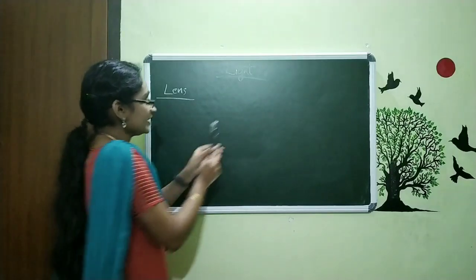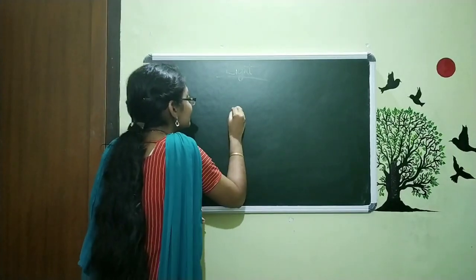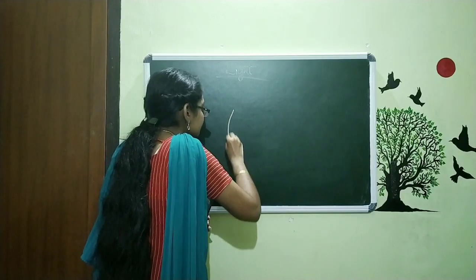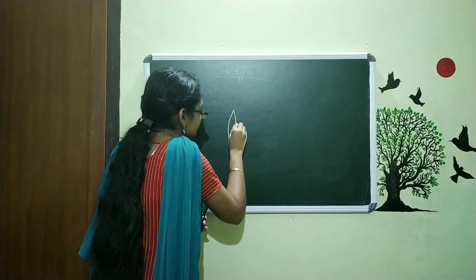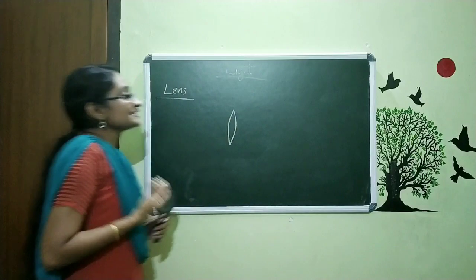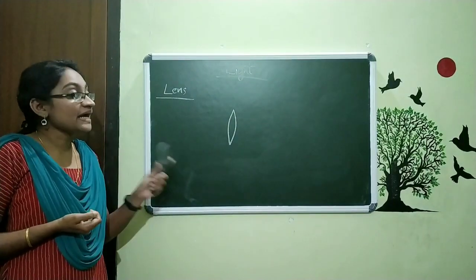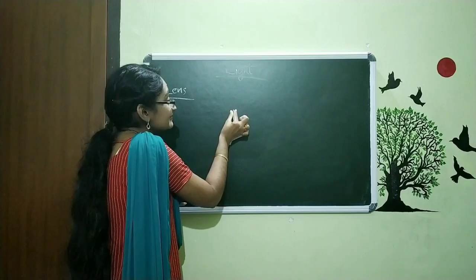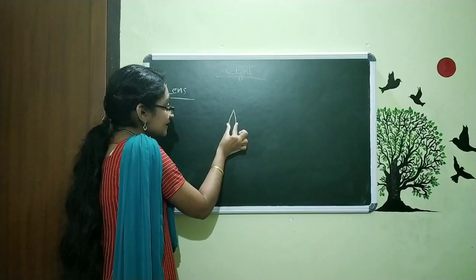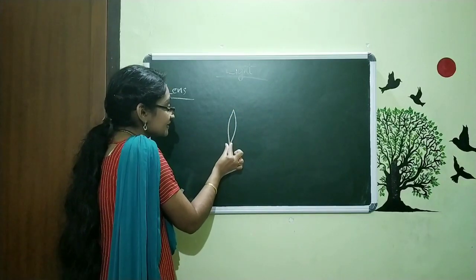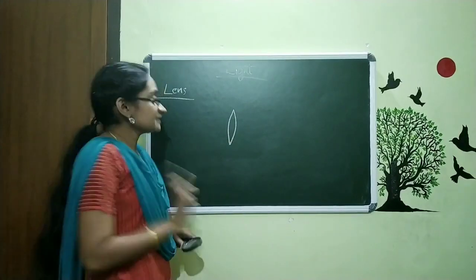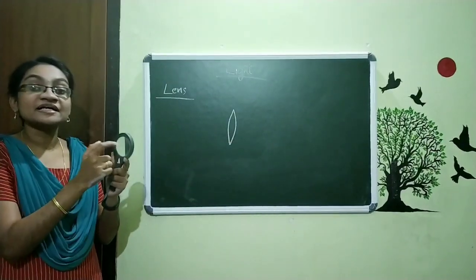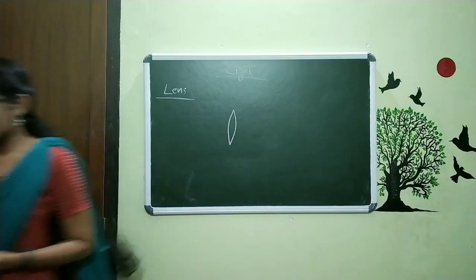That means when I draw this, this is the structure of our magnifying glass. Here it is very thin, then the thickness increases, and again the thickness decreases.